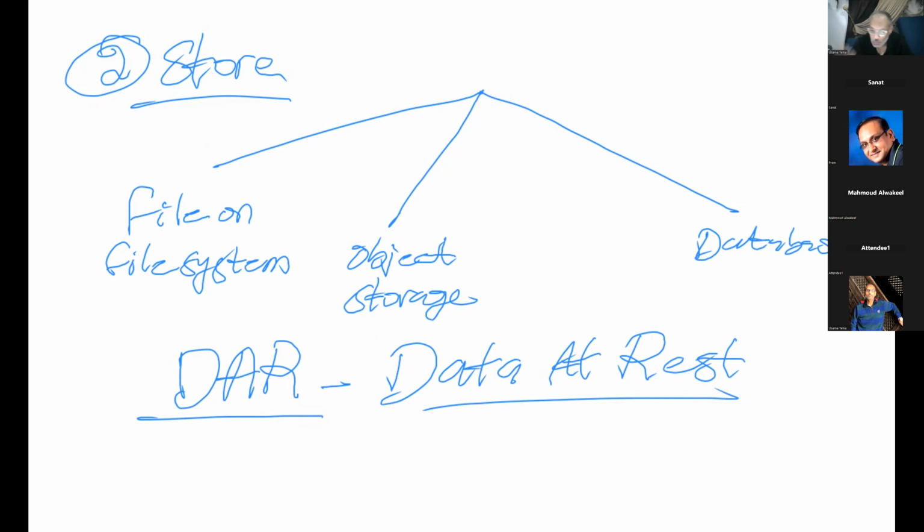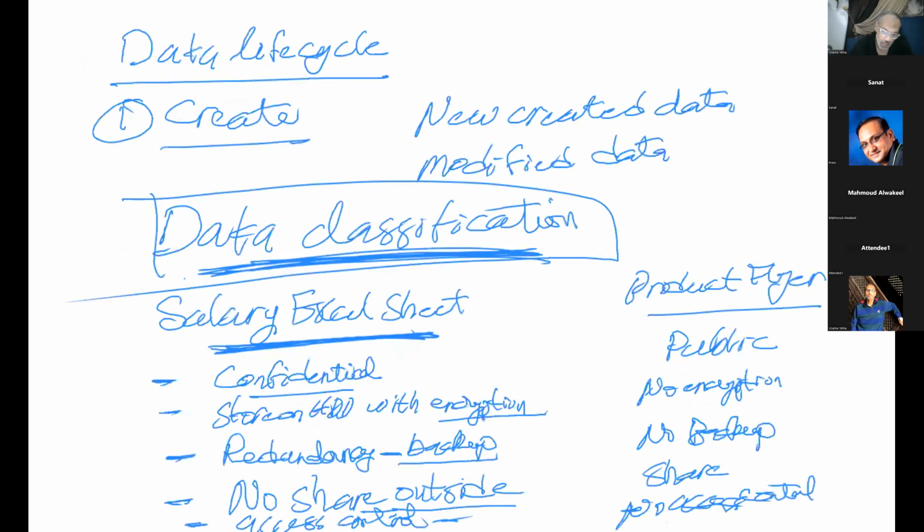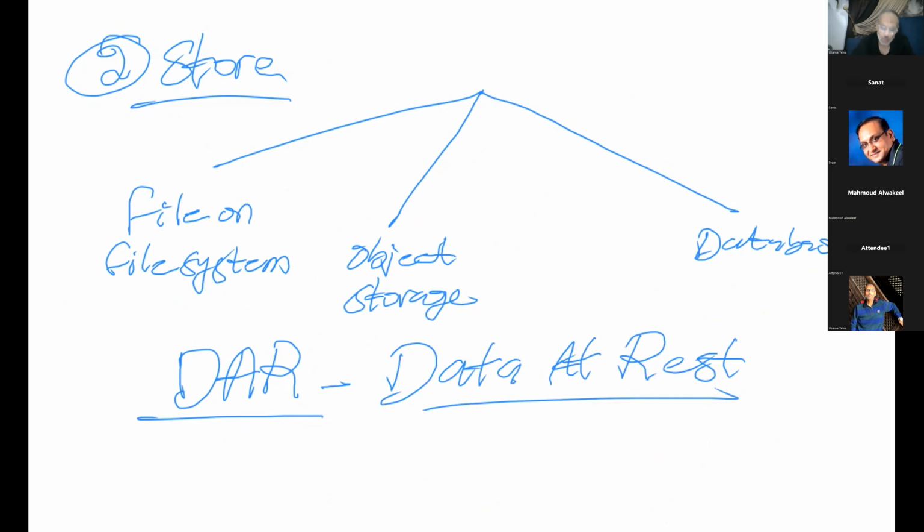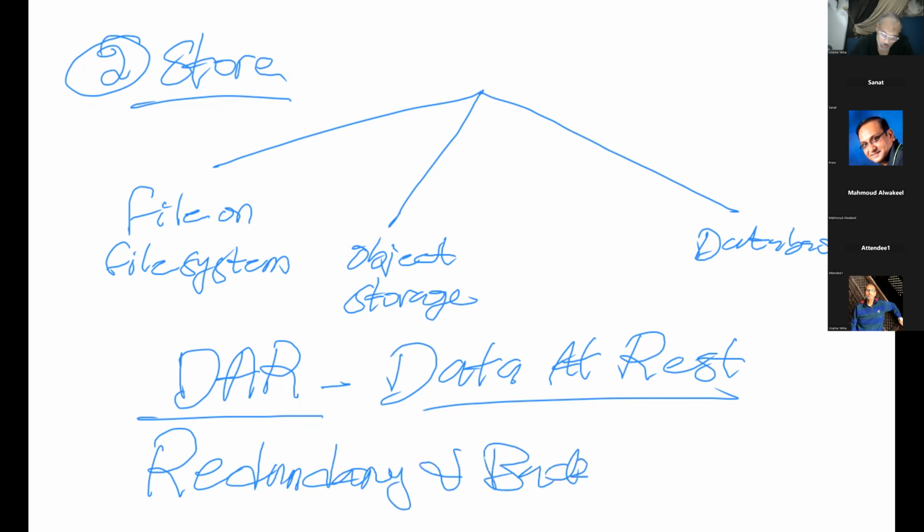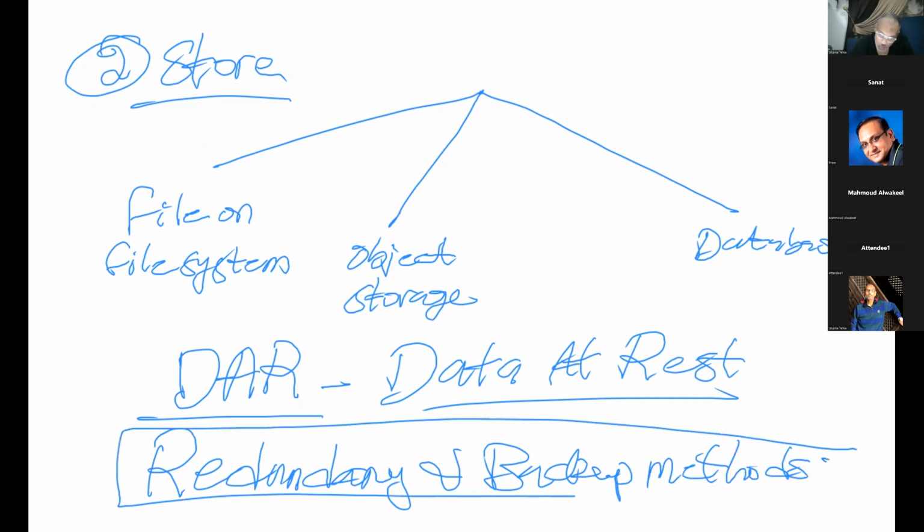In phase number 1, which is the create phase, we mentioned that data classification is defined here. What about phase number 2? In phase number 2, redundancy and backup methods should be defined in the store phase.